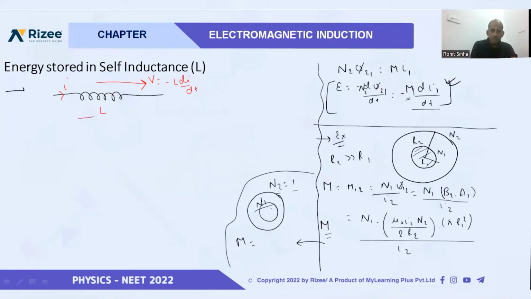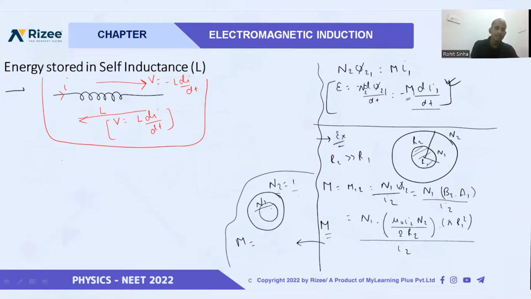If we are moving in the opposite direction of the current, the voltage will be plus L di by dt. This is the concept for applying Kirchhoff's law to an inductor.